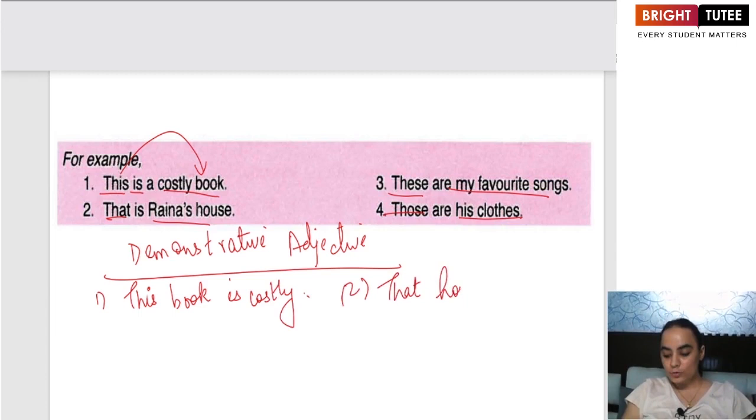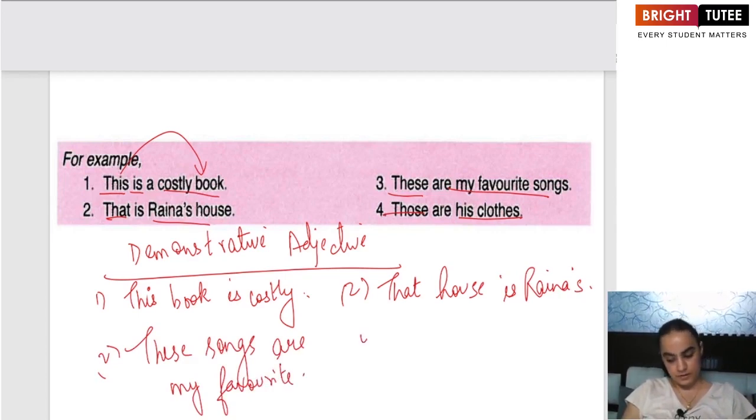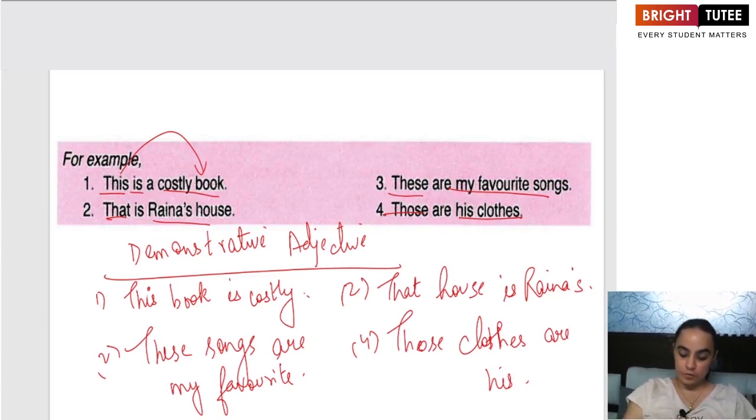That house is Raina's. These are my favorite songs. These songs are my favorites. These are his clothes, or those clothes are his.